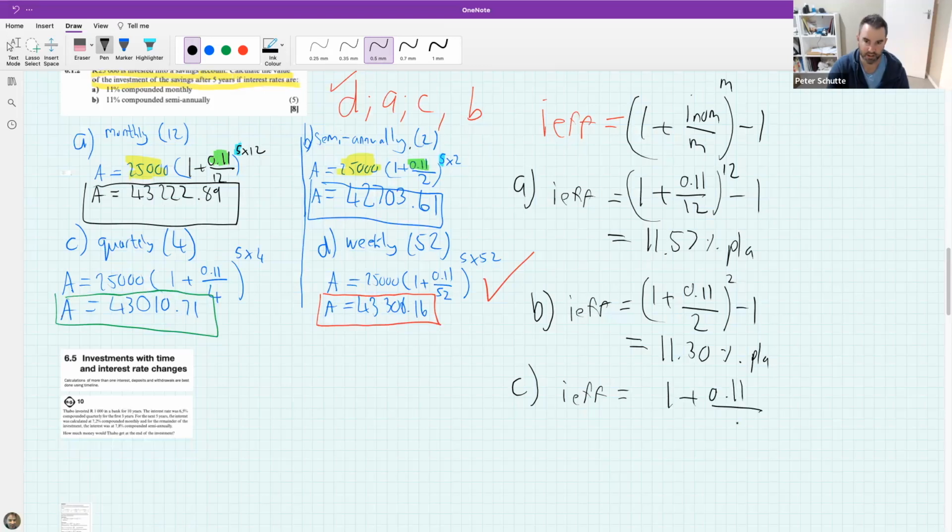So the nominal rate hasn't changed, but what is changing is that. And what are we going to get for this one?